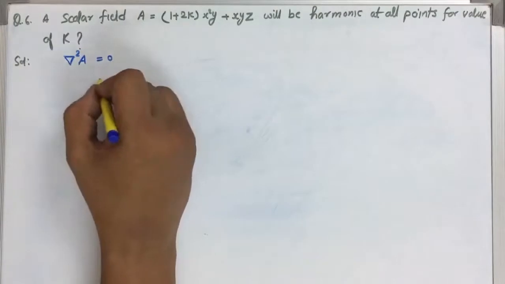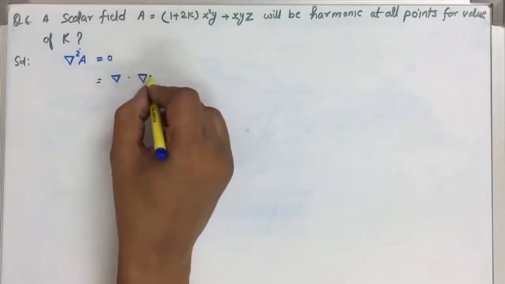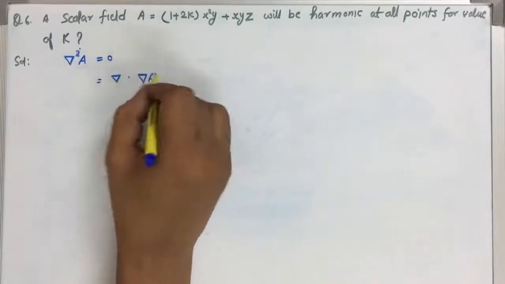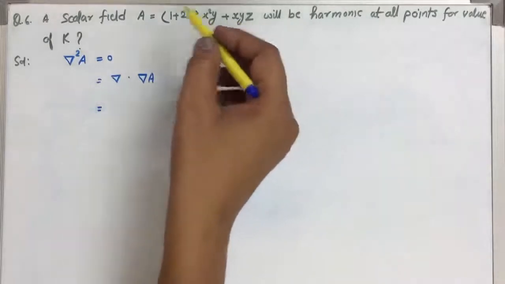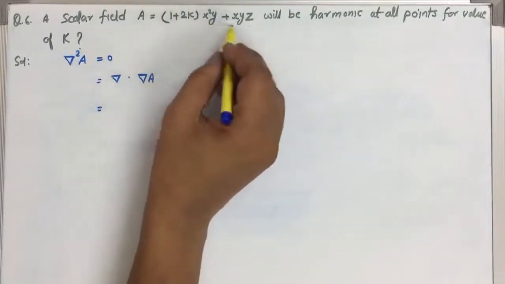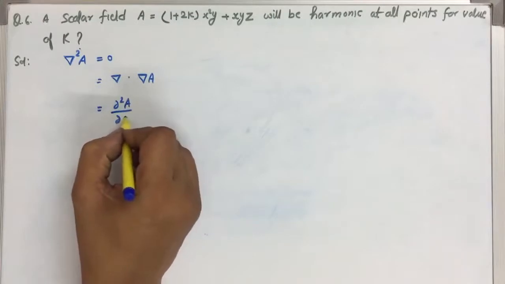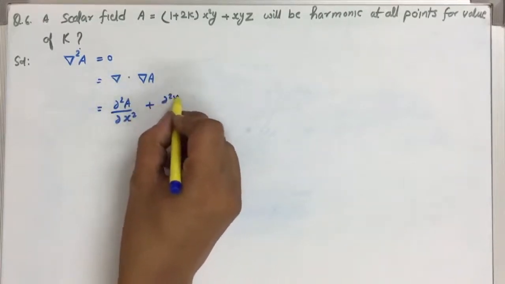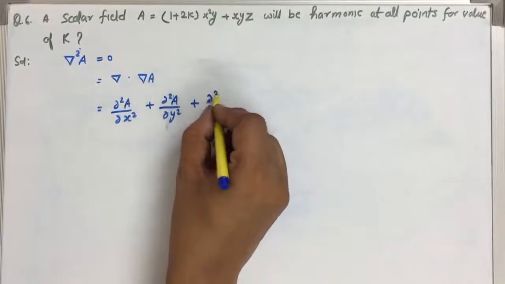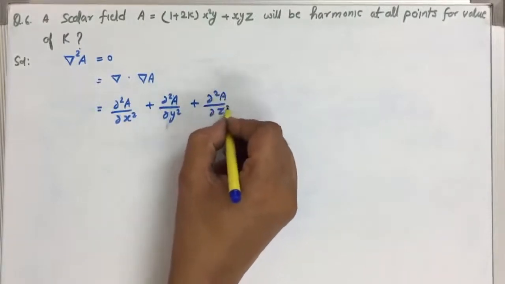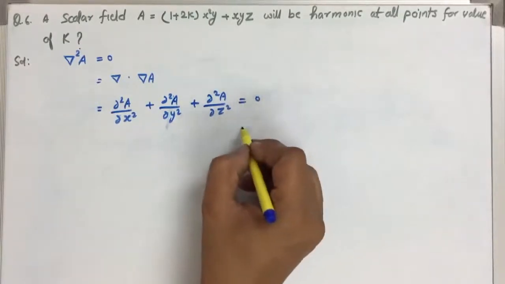It can be further written as del dot del A. Don't worry about this, just know the final formula. This is in the rectangular coordinate system, which is the simplest one: del square A by del x square plus del square A by del y square plus del square A by del z square, and as it is harmonic, it will give you 0.